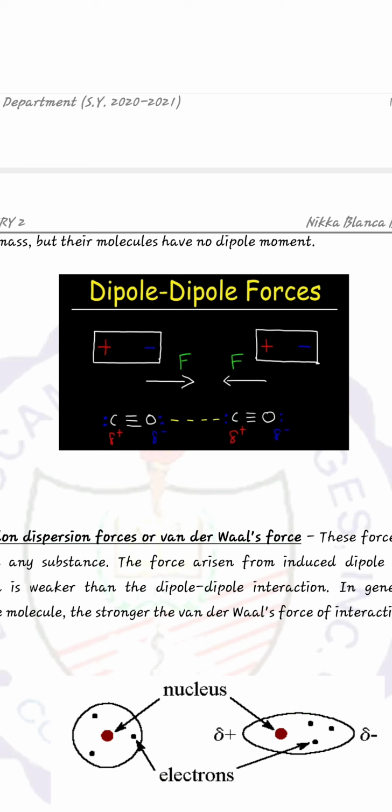What is one example of a polar molecule? Water, H2O. As I said a while ago, H2O is an example for dipole-dipole attraction, and it is also an example of a polar molecule. Why?